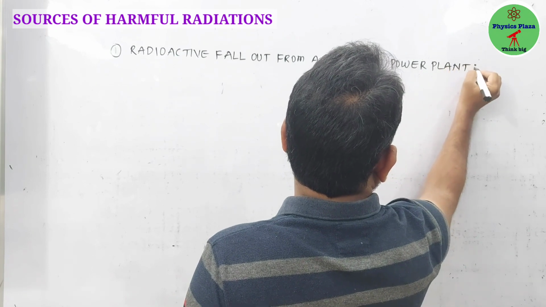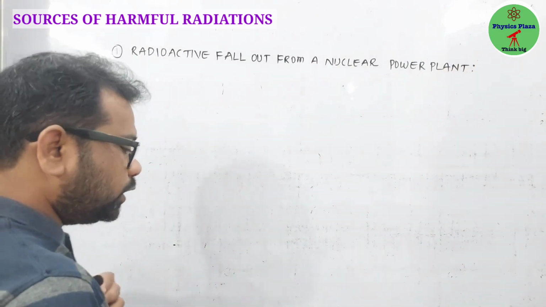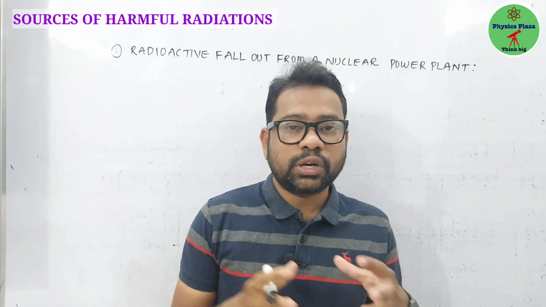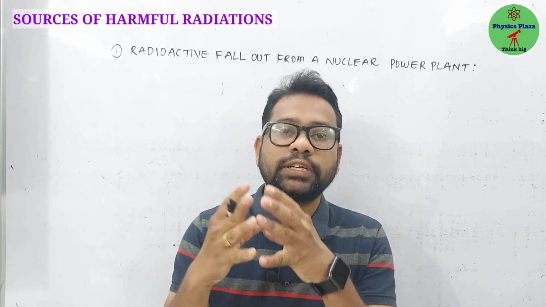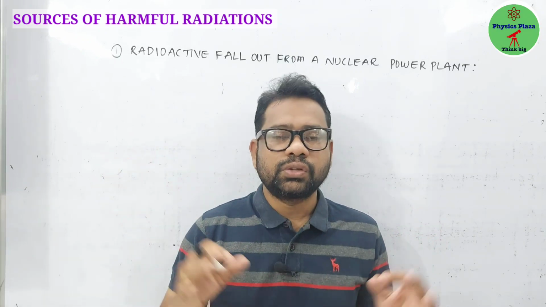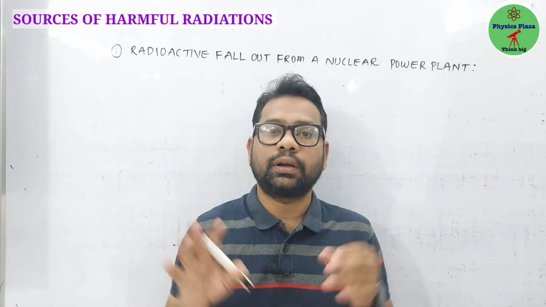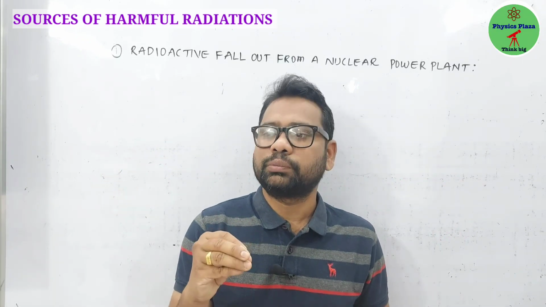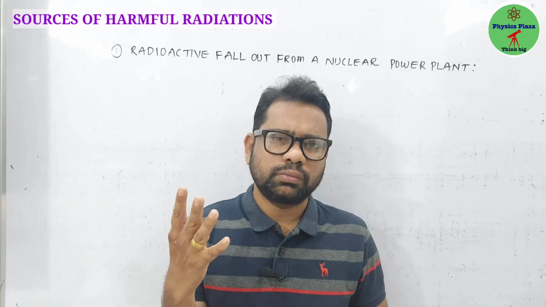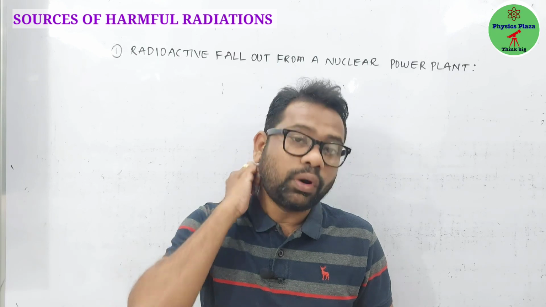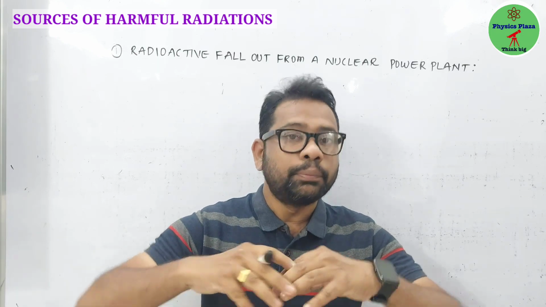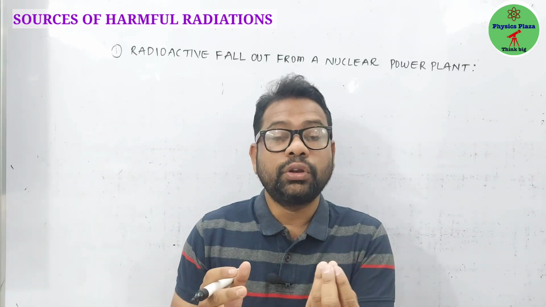Nuclear power plant, children. We know that fuel rods made of uranium-92-235 are used in nuclear reactors in the production of electricity. If everything goes fine, no problem at all. But sometimes, due to technical issues, and we should not wish such a thing to happen, there might be a blast in the nuclear reactor core.